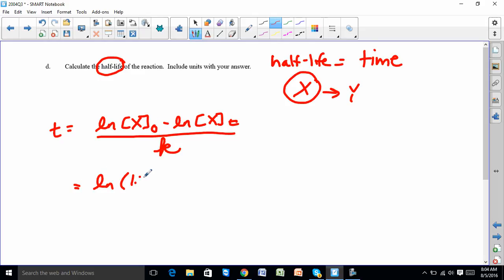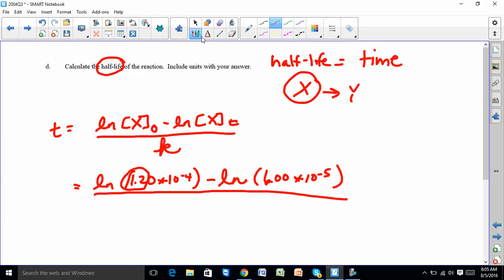It was 1.20 times 10 to the negative 4. Well, what's half of 1.20 times 10 to the negative 4? It's actually 6.00 times 10 to the negative 5. Looks kind of crazy, but half of 12 is 6. This is to the negative 4. This is to the negative 5.